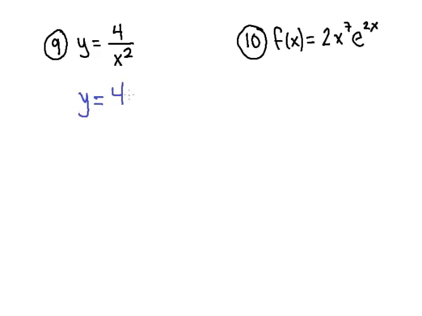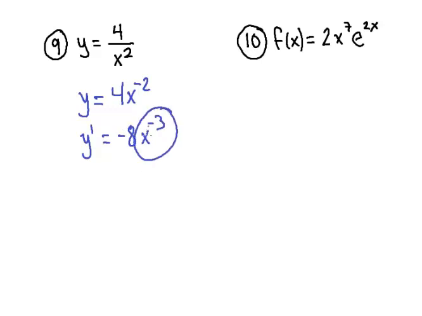So this thing is the same as 4x raised to the power of minus 2. Okay? Change it from a fraction to a normal power. That way we can use the power rule. We just multiply 4 times minus 2 and we subtract 1 from minus 2, which would give us minus 3, right? So the derivative of this, y prime, would be minus 8x raised to the power of minus 3.